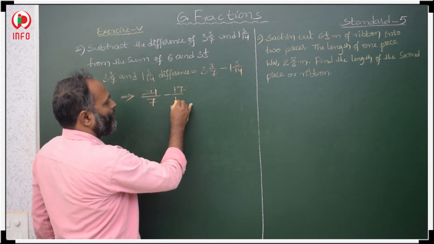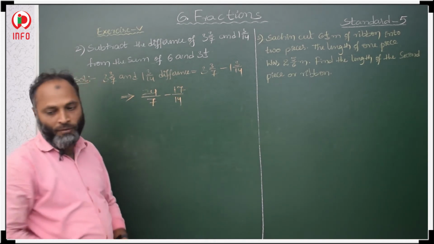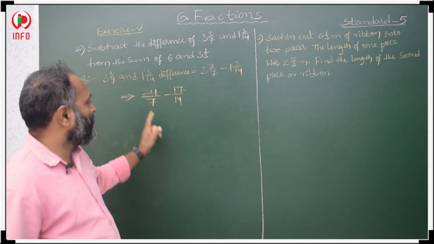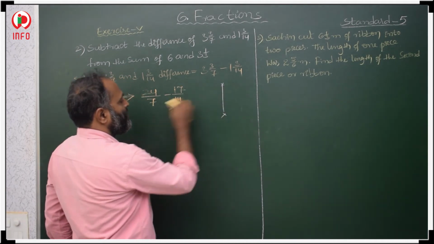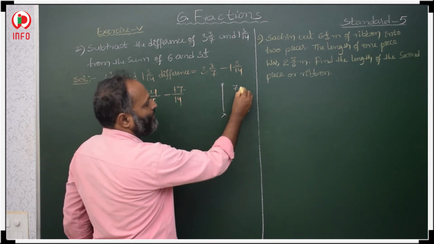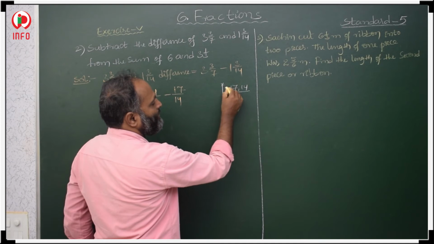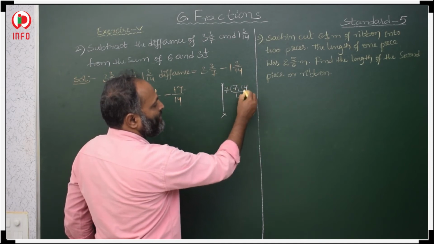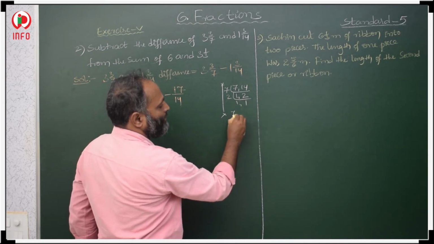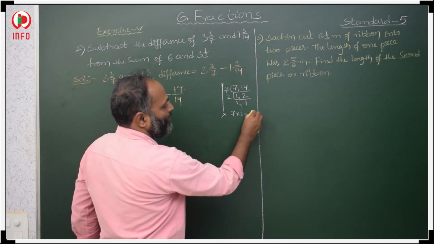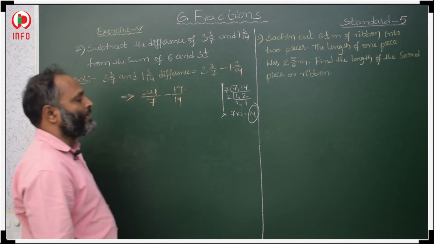17 by 14. Now we have to find the difference. First we have to convert these into like fractions. Find the LCM of 7 and 14. These two are divisible by 7, 7 1s are 7, 7 2s are 14. Again, 2 1s are 2, multiply 7 2s are 14, which is the LCM.